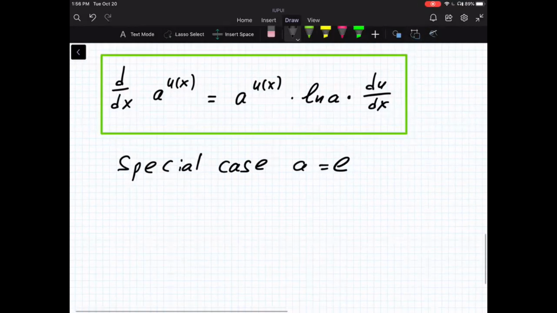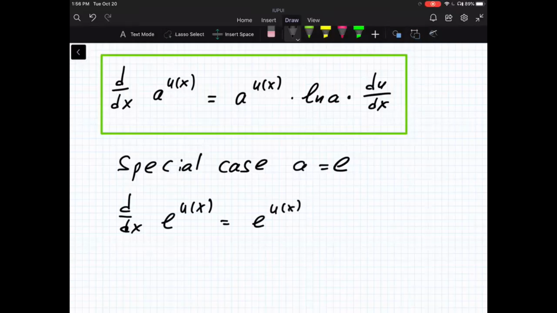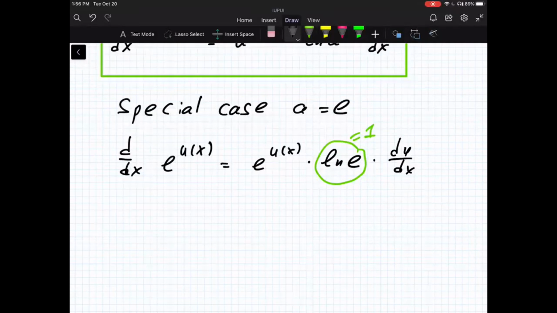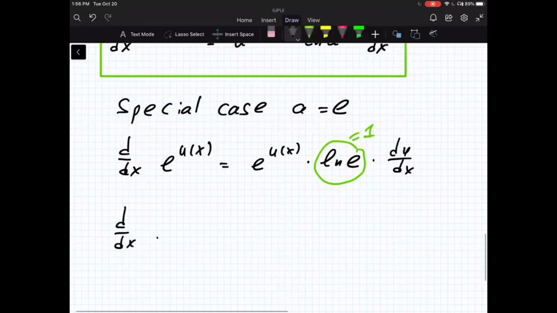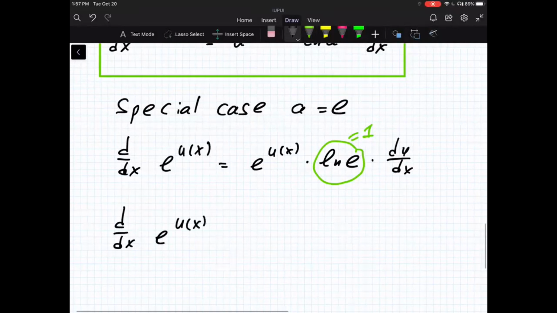We get that d over dx of exponential of u of x is equal to exponential of u of x times the logarithm of e times du over dx, but again, the natural logarithm of e is just 1, and we get that d over dx of exponential of u is equal to the same exponential times the derivative of the exponent.